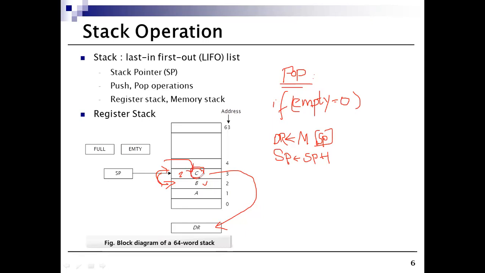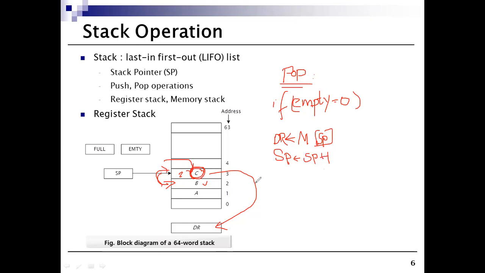It is not mandatory to clear these contents or delete this element. Just copy the contents onto DR and then shift the stack pointer. This particular element will practically not be deleted from the stack. Am I clear? Yes, ma'am. So these are the two micro operations for pop.